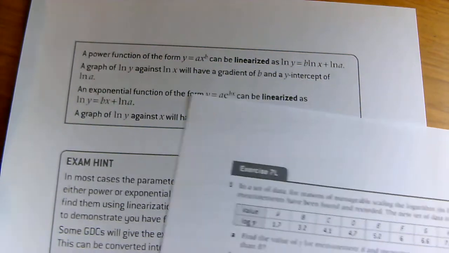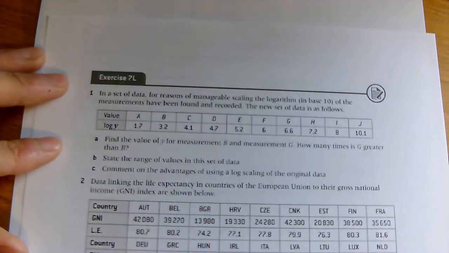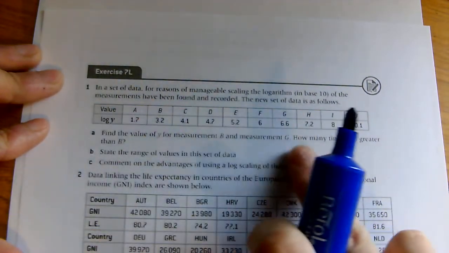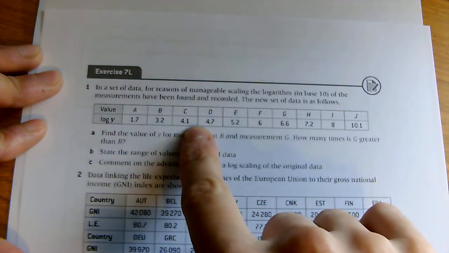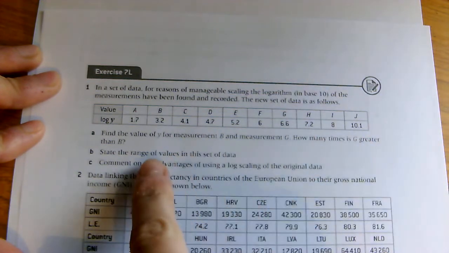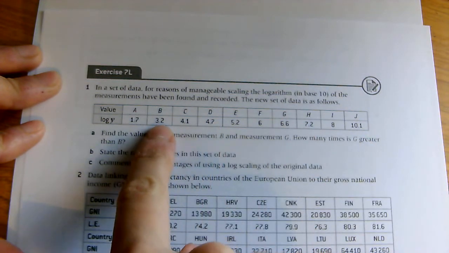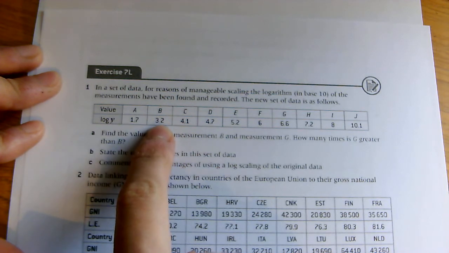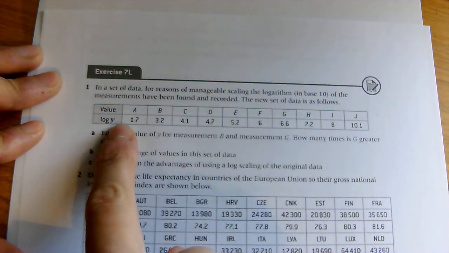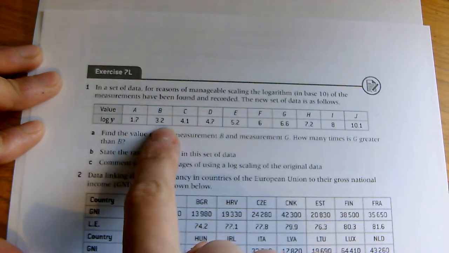If you look at the exercise 7L, actually the very first question on here is asking a very similar question. This table of data has had the logs already taken, so they've already done the log process, and it's saying, well, how would you work out what the data was originally? So this one here, the b value is 3.2. Well, that means that was the power of 10.